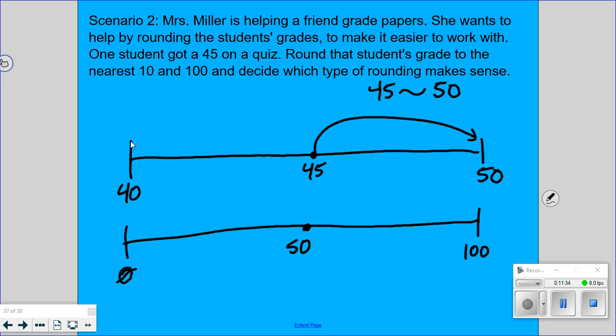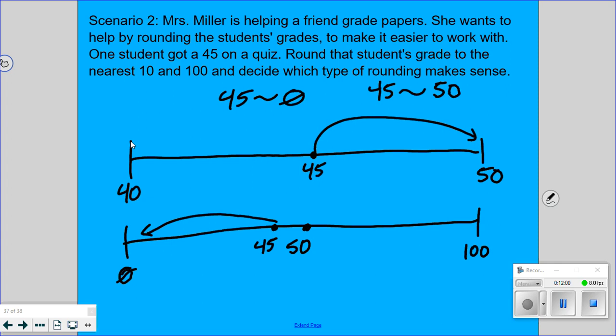Where does 45 go? Heidi? About like a little bit in front of 50. Okay, so a little bit before 50. All right, so that means we are rounding to Buckley? 0. So now I have 45 is about 0.